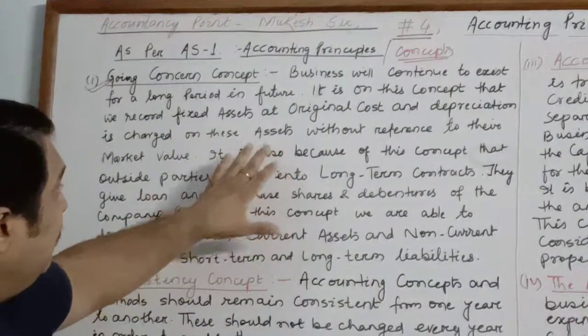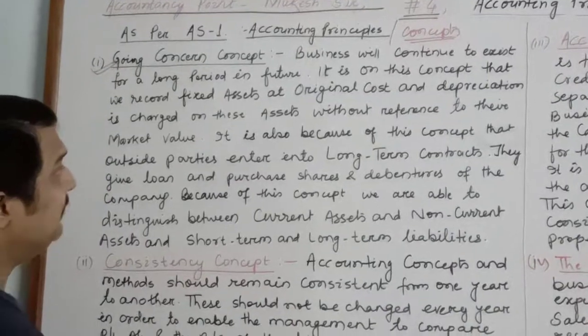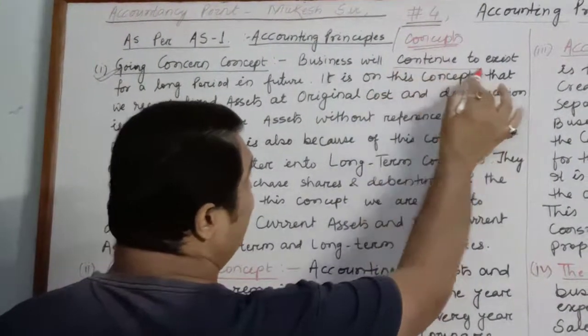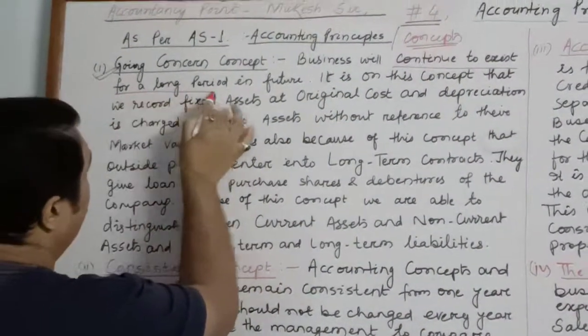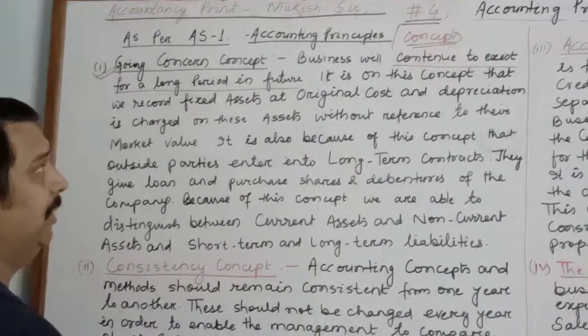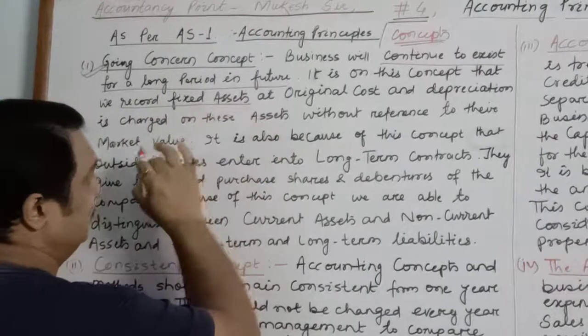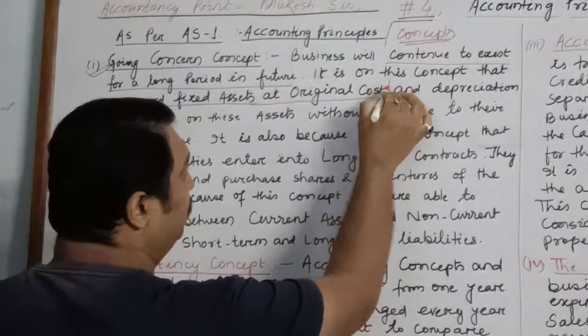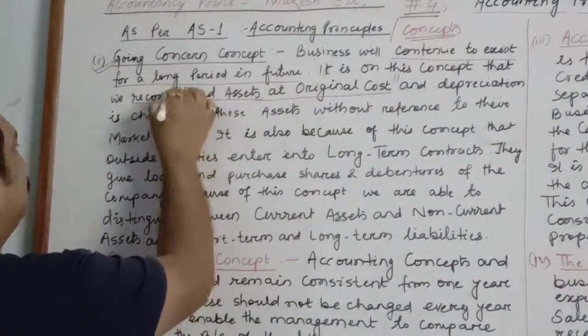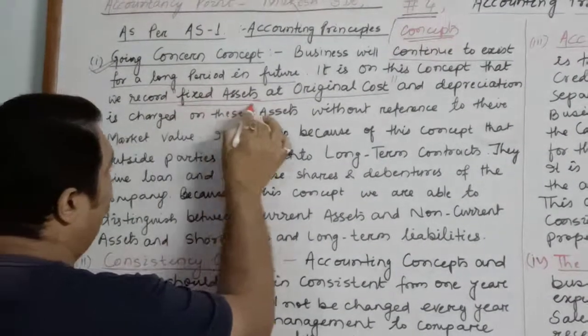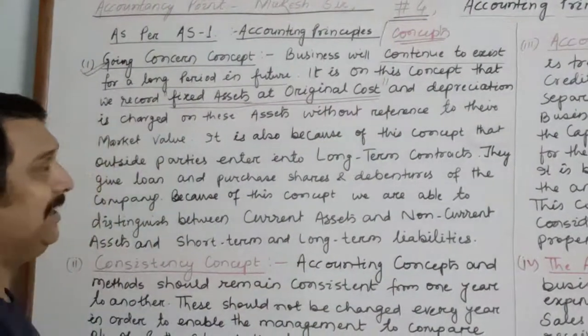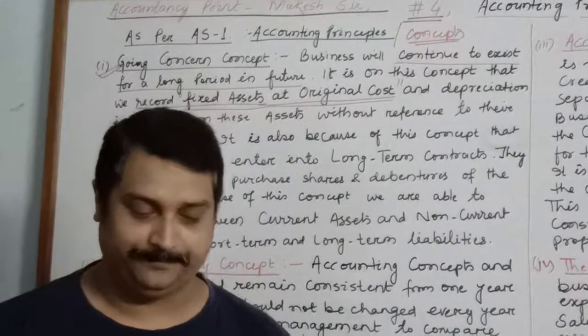So let us understand what this says. It says that business will continue to exist for a long period in future. It is on this concept that we record fixed assets at original cost. Children, this is an important thing to be understood. Fixed assets are recorded at original cost.